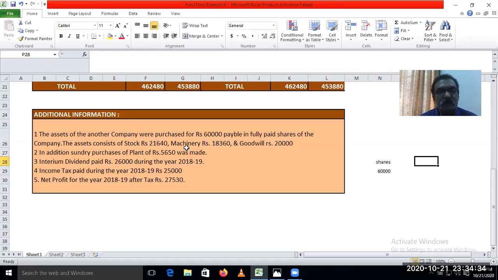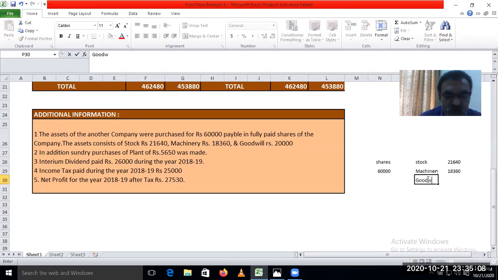The assets consist of stock. So the company has purchased stock worth rupees 21,640. Then the company has purchased machinery of rupees 18,360. And then the company also has purchased goodwill of rupees 20,000.